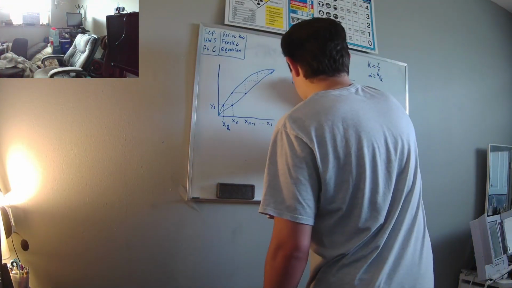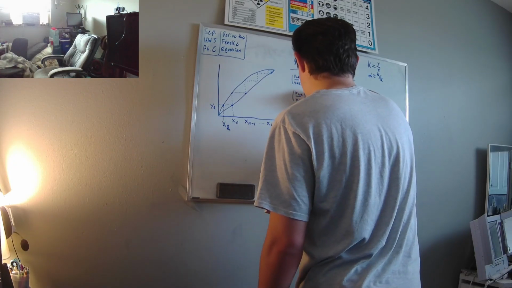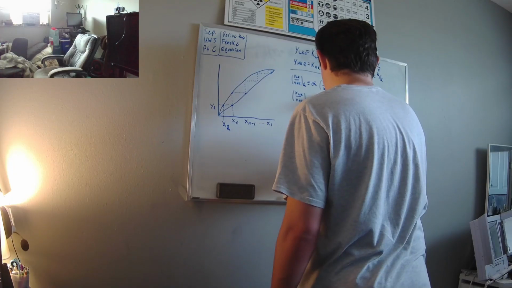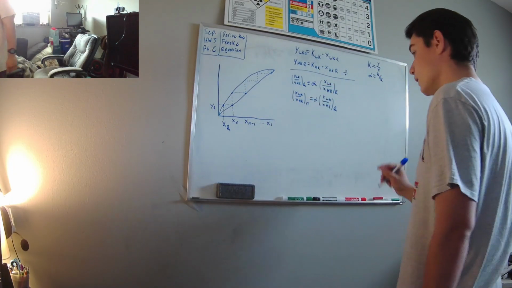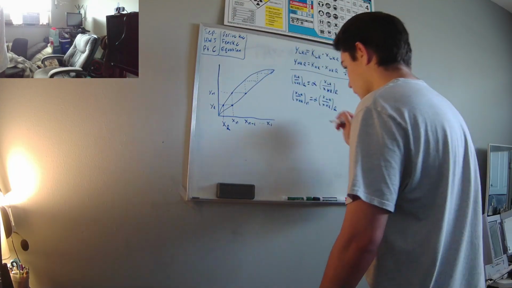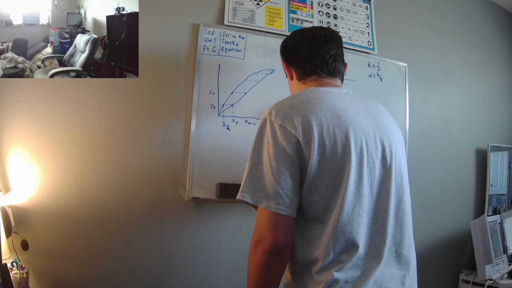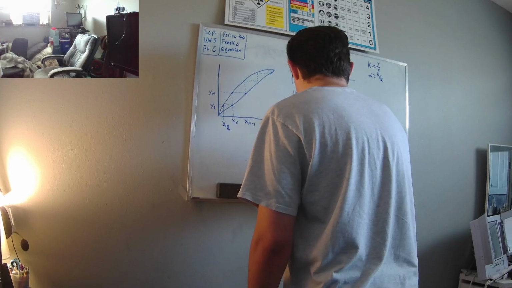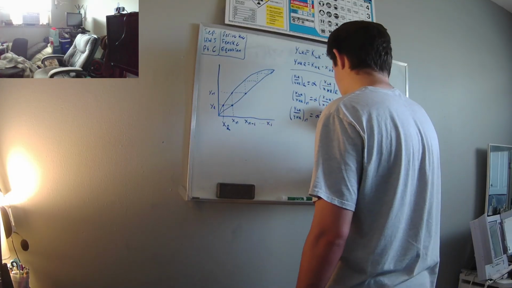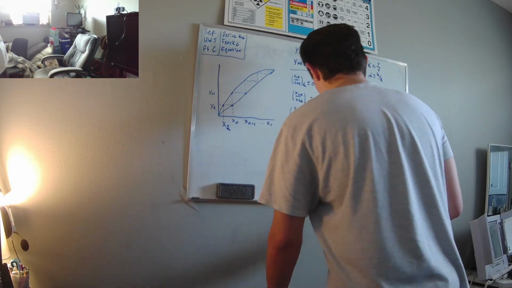So we can also say that our XLK over XHK at N is going to equal alpha times our XLK over our XHK at R. And if we sub this expression into our next Y value, our YN, we get that our YLK over YHK at N is going to equal alpha squared times our X at the reboiler.